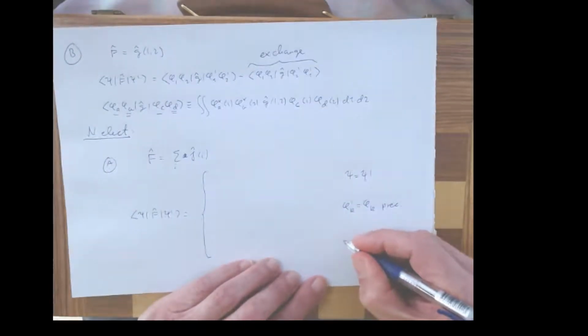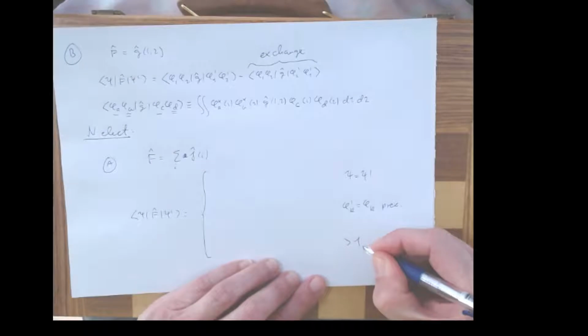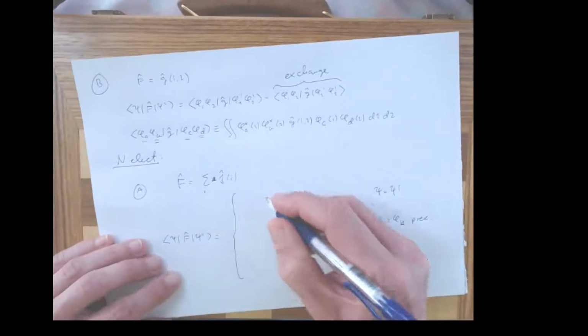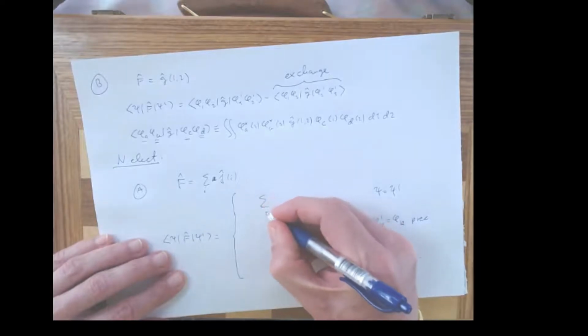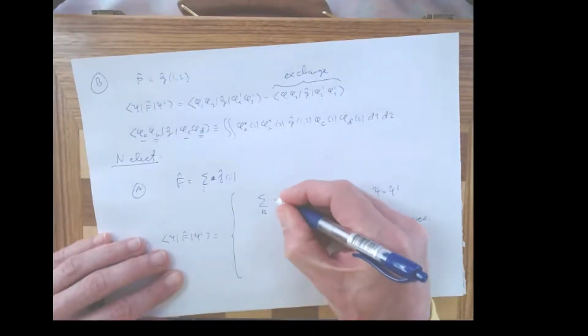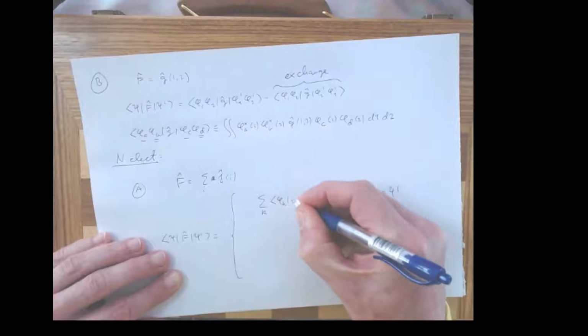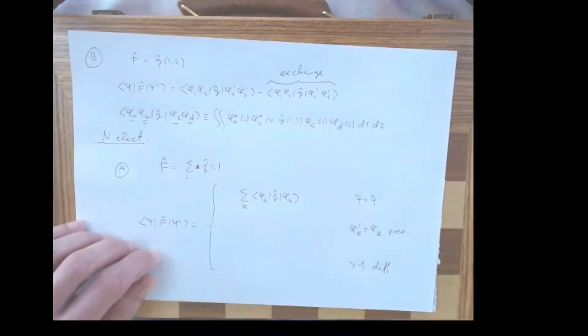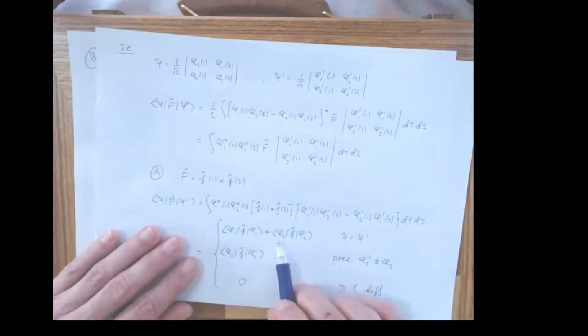And then there is the final case with more than one difference again. And in the first case, what we simply get here is a sum of all single body terms. So here I get a K, F, K. And this, of course, simply generalizes what we did here.